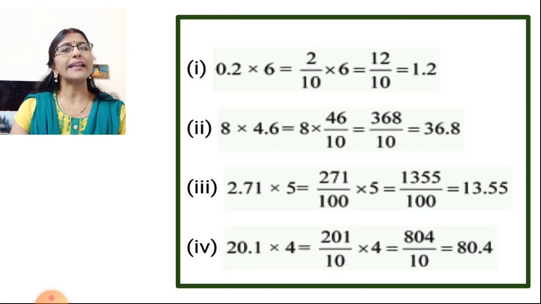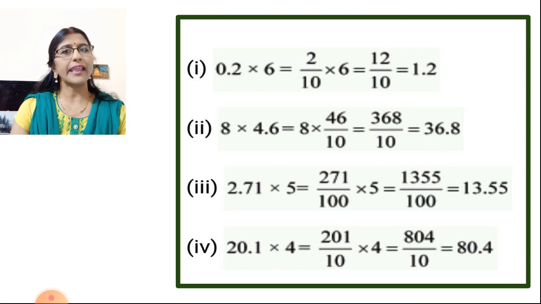Now we can multiply 271 into 5, and you will get 1355 upon 100. Now again you have to shift the decimal point from the end to the left side by how many places? By 2 places, because you can see here 100 has 2 zeros. So you will get the answer 13.55.